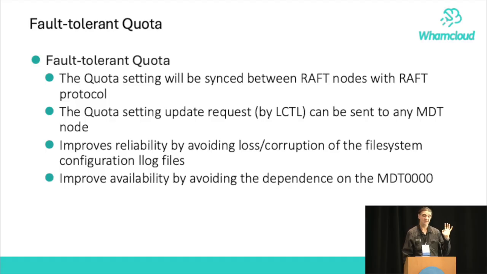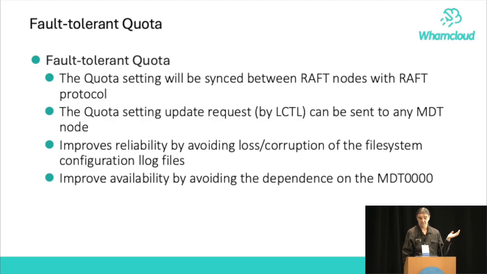We plan to implement a way for the clients to talk to any MDT for the quota information, and then internal forwarding will find its way to the actual leader. Obviously, this improves the reliability for the configuration log files and such.